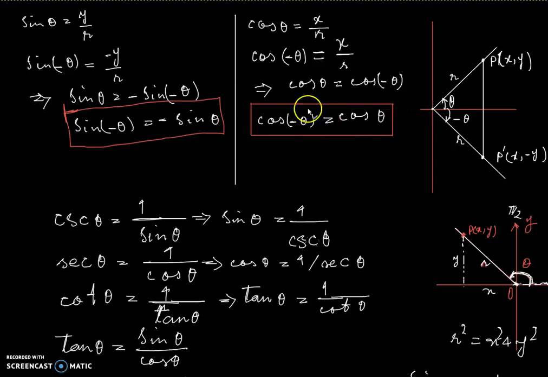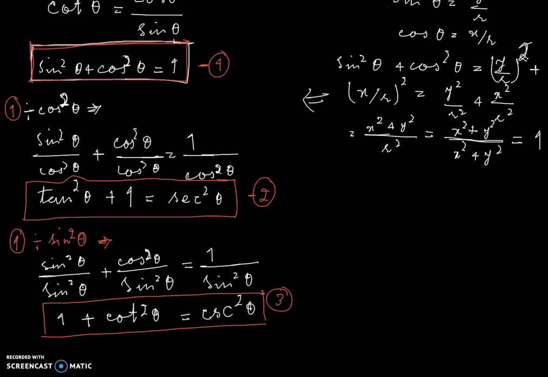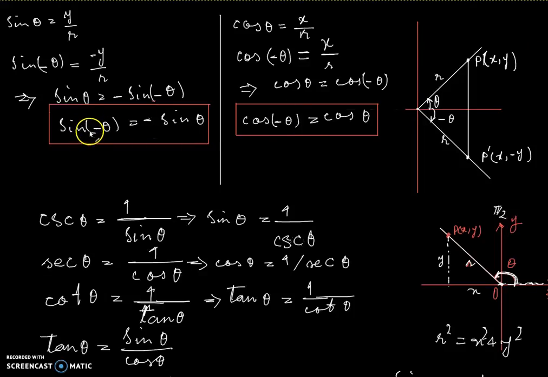This is also something important that you should know. Basically this is everything that you need to know here. So now, based on what we found here, sine minus theta is equal to minus sine theta, and cos minus theta is equal to cos theta, you can come to the conclusion that sine is an odd function and cos is an even function.